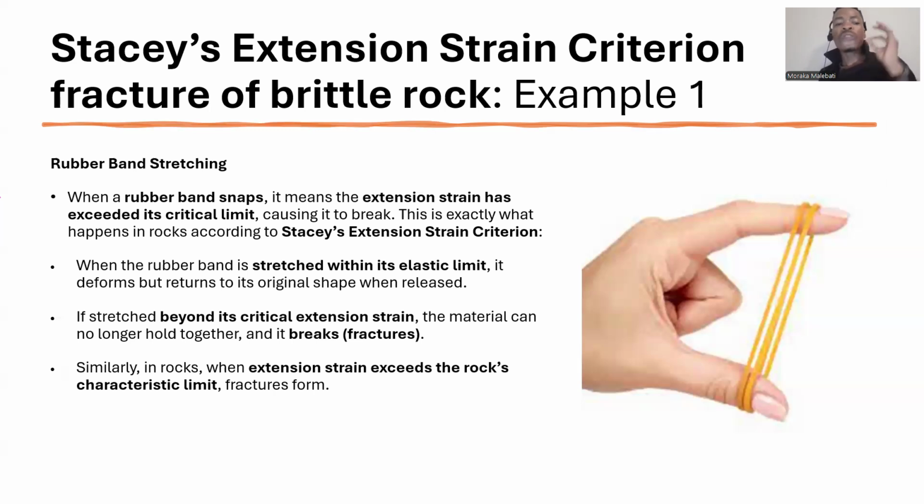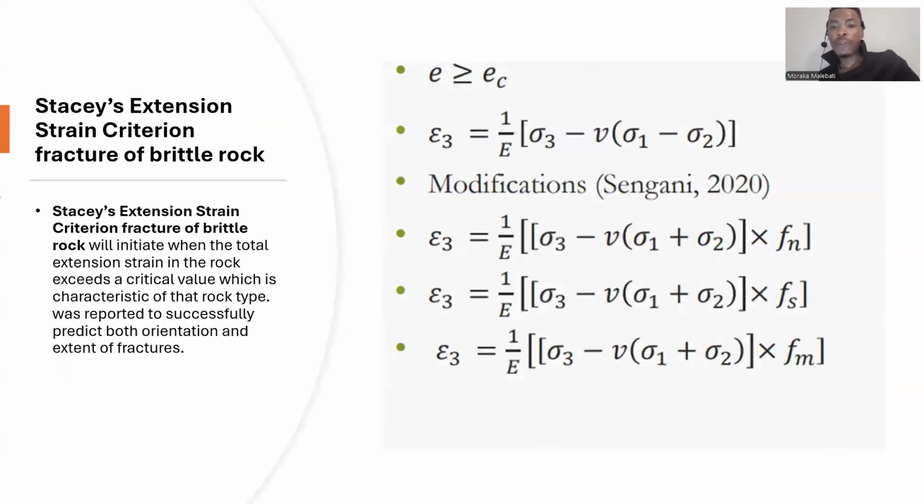So if stretched beyond its critical extension strain, this formula, the EC, the critical strain, remember this formula says, immediately when the extension strain is greater than or equal to the critical one, then failure will happen.